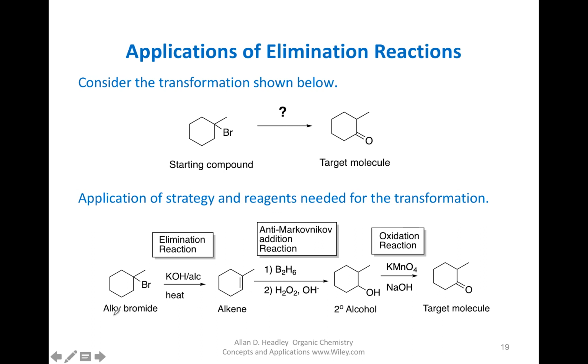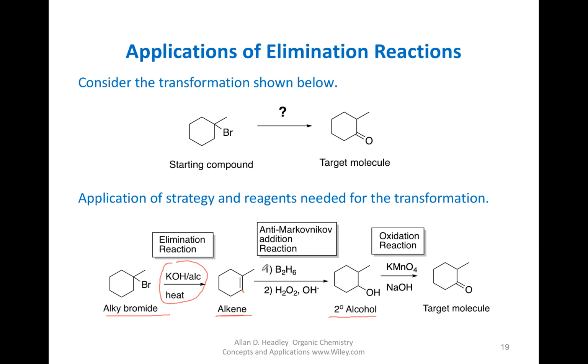So if we had an alkyl bromide, we know in the presence of heat and alcohol, we can do an elimination reaction, E2, to form an alkene. If we had an alkene and we need a secondary alcohol, adding the alcohol here, it's an anti-Markovnikov addition, hydration, and here are the reagents.